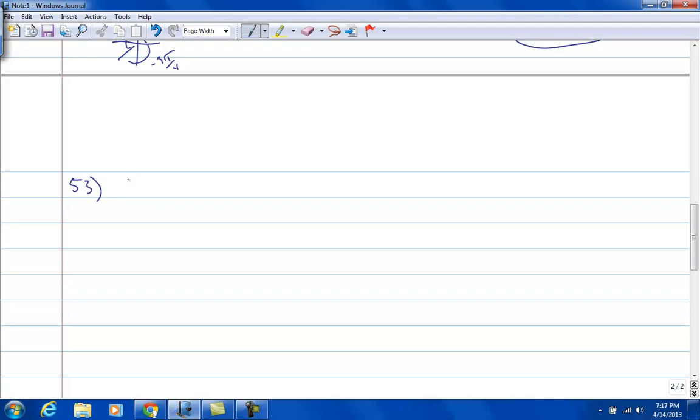So we have 4 times cosine of 5 pi over 6 plus i sine 5 pi over 6, and then times 2 times the quantity cosine of pi plus i sine of pi. Okay. So let's go ahead and graph this.